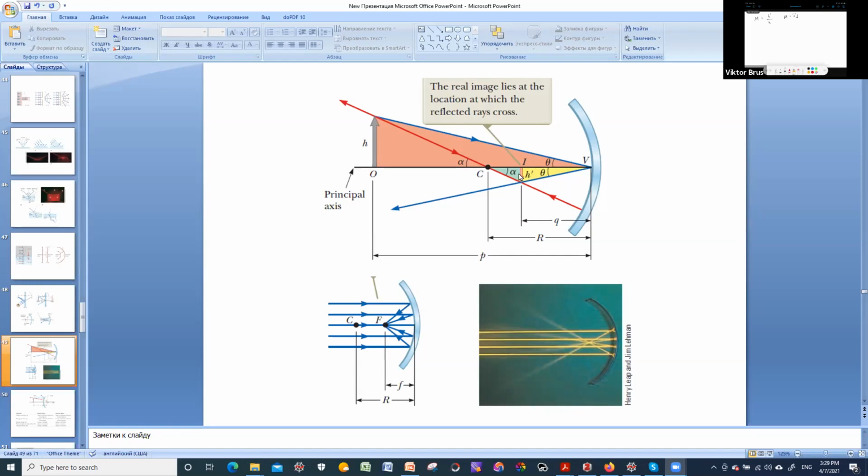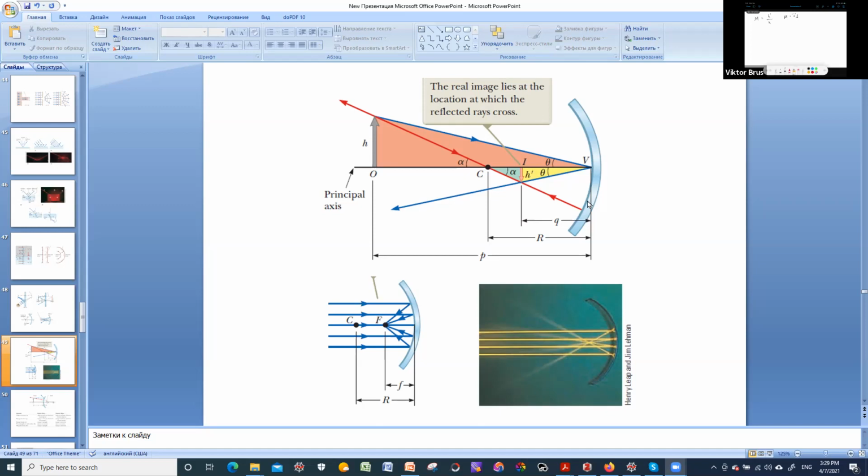Here it is necessary to underline that the image is inverted, flipped over in comparison to the object, and that's why h prime should be taken with a minus.